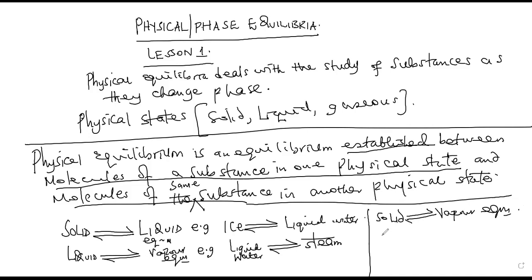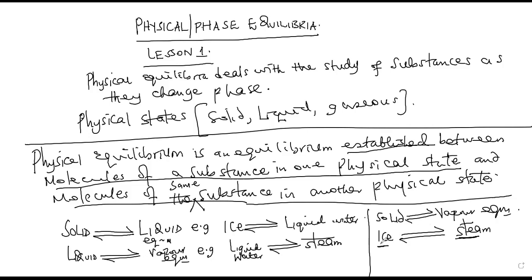Here you can consider ice and steam equilibrium. This is a solid and this is a gaseous form, meaning that maybe you have heated a solid, it has gone to steam, and the steam also comes back to this side. That is what we call solid-vapor equilibrium.